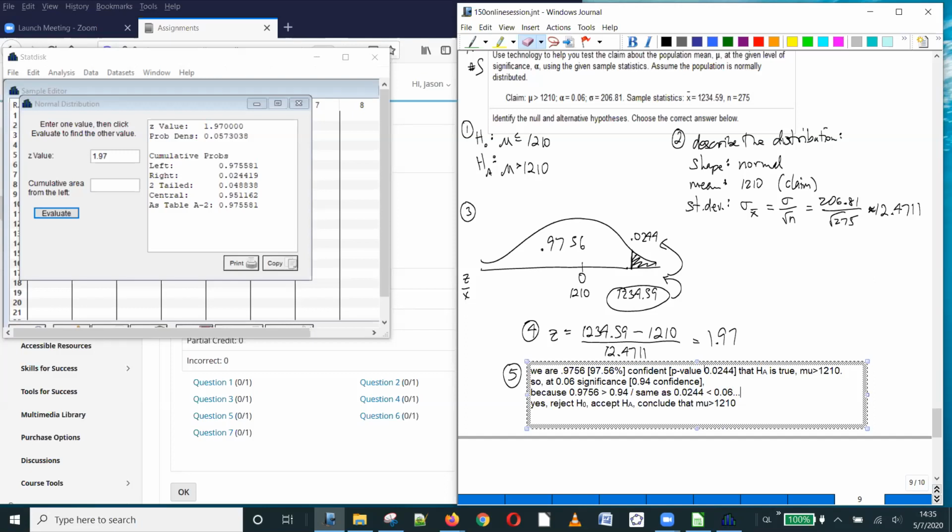So again, remember that we will reject H0 and accept HA if our confidence is high enough, which is the same as saying if our p-value is low enough. Okay. So that's the whole business right there.